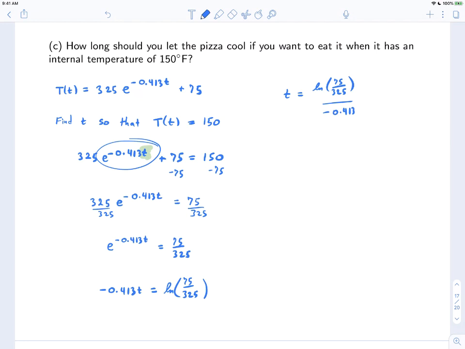And once again, we'll have to rely on technology to tell us what that actually is, and this is approximately 3.55045. So if you want the pizza to cool to 150 degrees Fahrenheit, then let it sit for about 3.5 minutes.